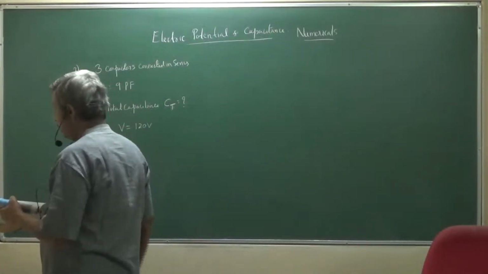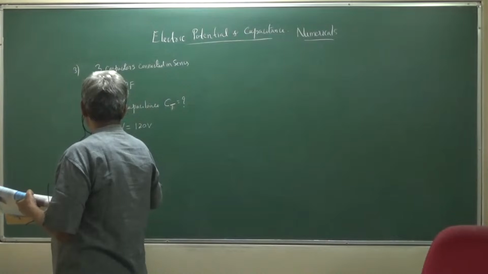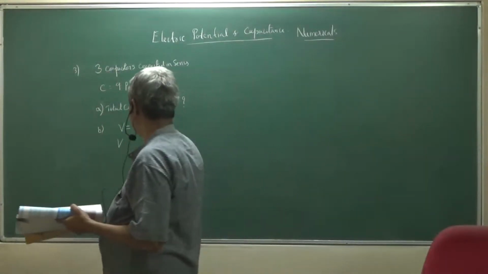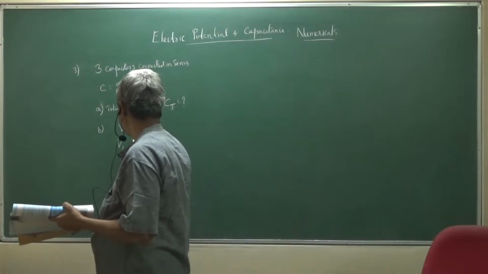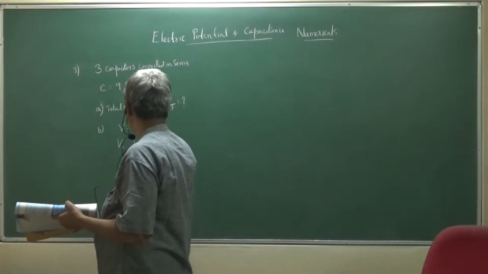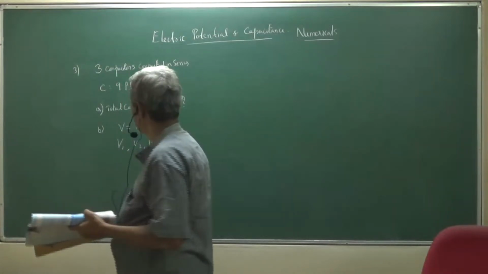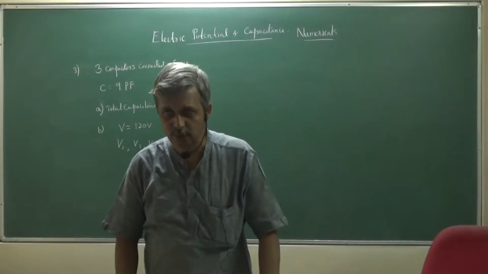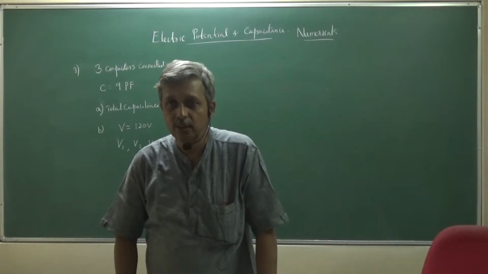So they want to calculate V for each one of them. Let's say there are three capacitors, V1, V2, V3 is equal to what? They seem to be equal because capacitance is equal. Anyway, we will calculate those two.